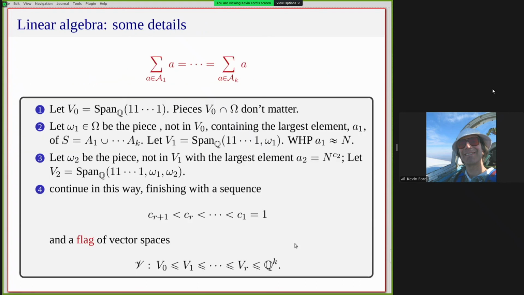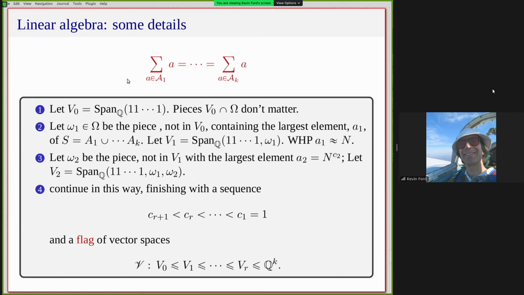All right. So now things are going to get a little bit more technical. Again, remember our goal is to show that A1 through AK exist with high probability, that have this relation here.